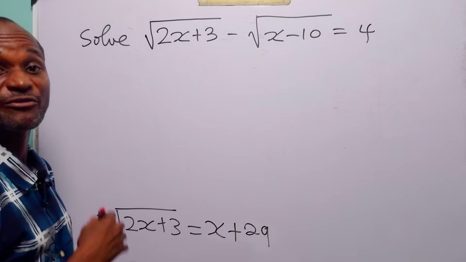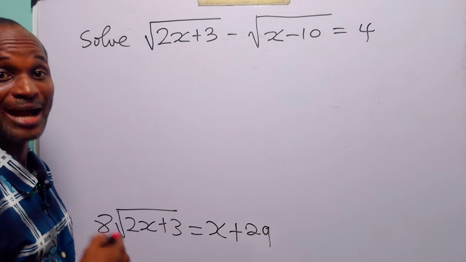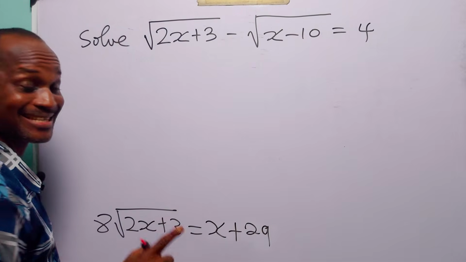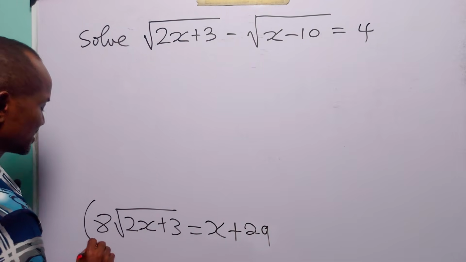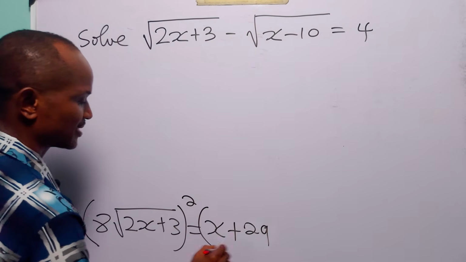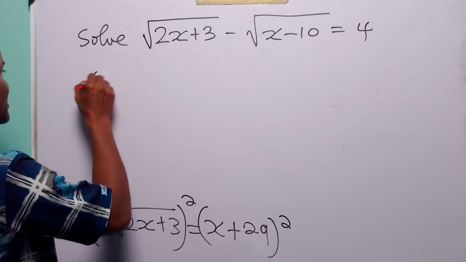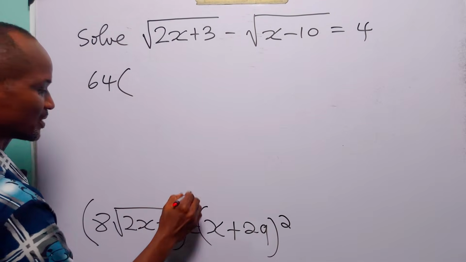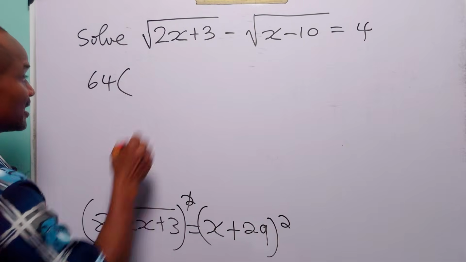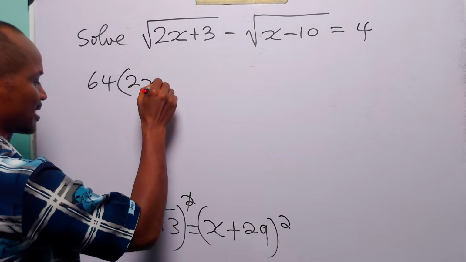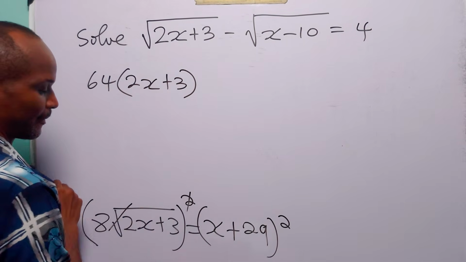Now you can see that we have a much simpler equation to solve, and we only need to square both sides once. When we square both sides of this equation, 8 squared is 64. Now this is going to take care of that, leaving us with 2x plus 3.